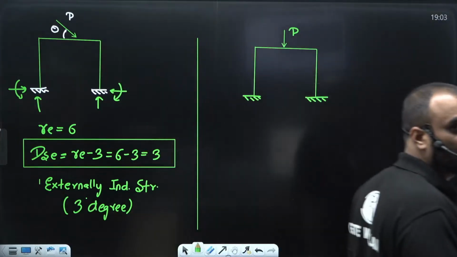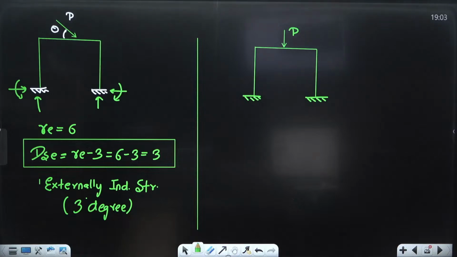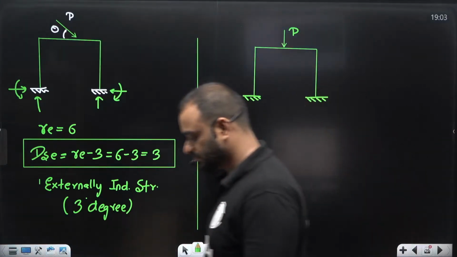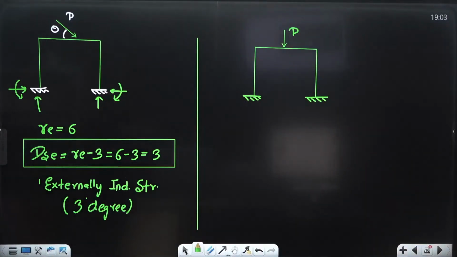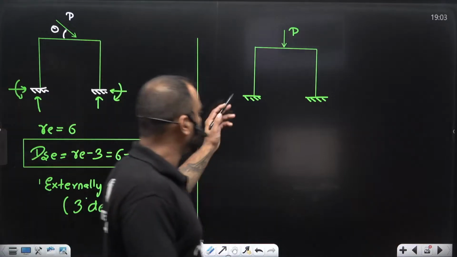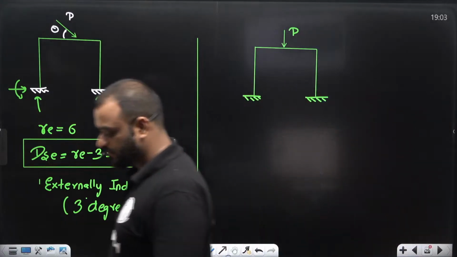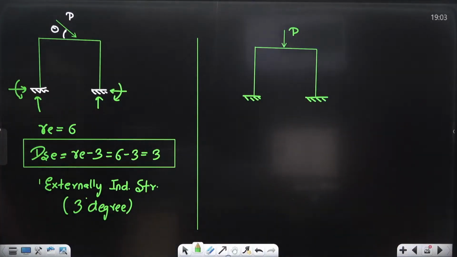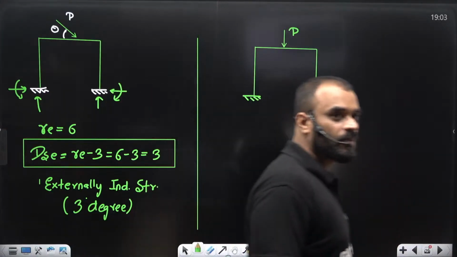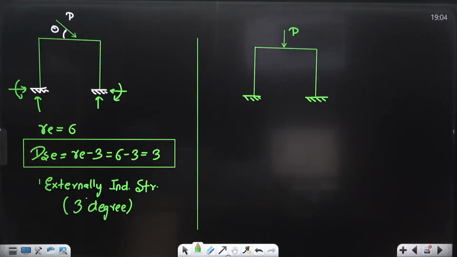Rohit, Bhanu, other students also, please write down. How many external support reactions will develop at the fixed support? Or you can write down the total number of reactions also if you want. Four.